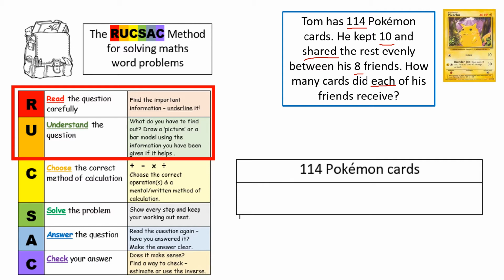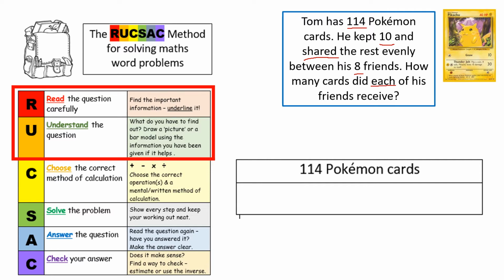The next step is to understand the question. What do we have to find out? Draw a picture or a bar model using the information you've been given if it helps. I'm going to use a bar model to help me. I've filled in my whole. I know that in total he had 114 Pokemon cards.